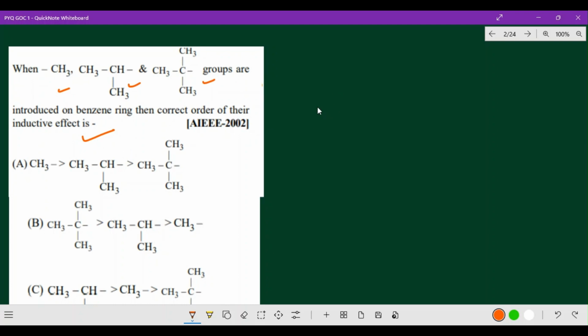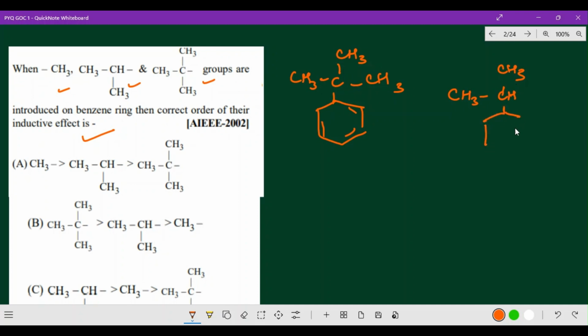The question varies a little bit, but it is the same idea. So this is the benzene ring, with carbon connected to it. Introduced with the tertiary, this is tertiary: CH3, CH3 and CH3. And secondary: CH3, CH and CH3, with the benzene ring.